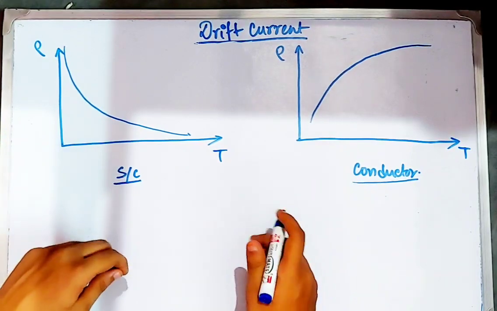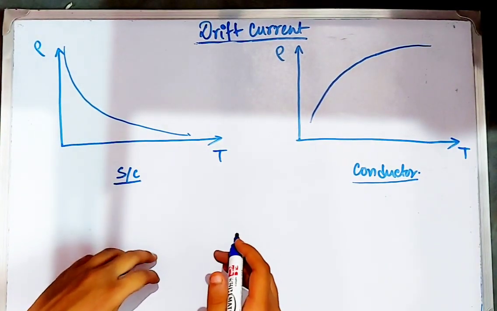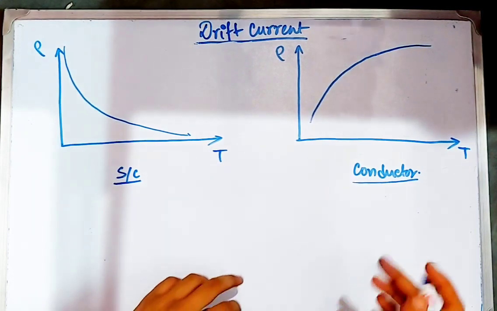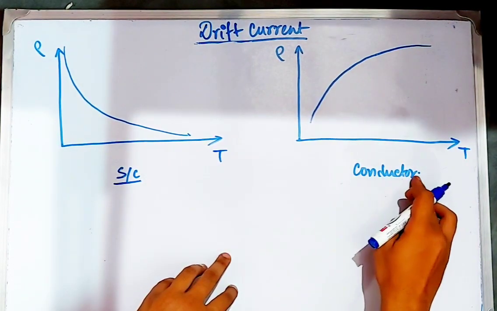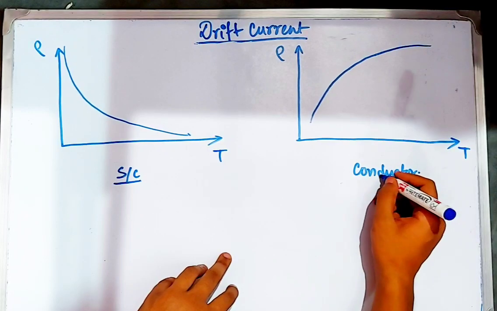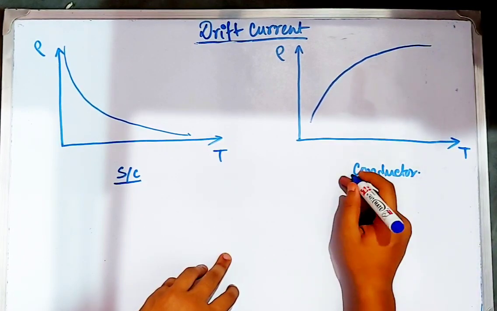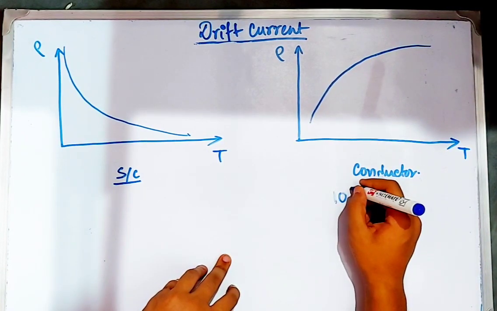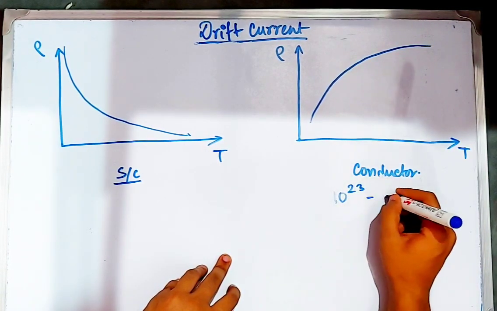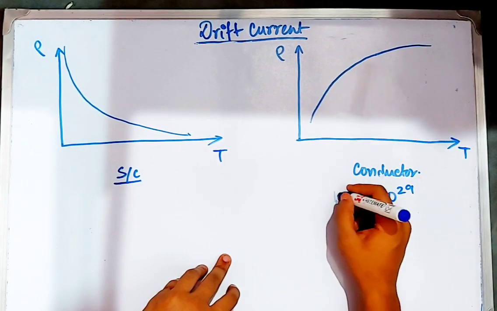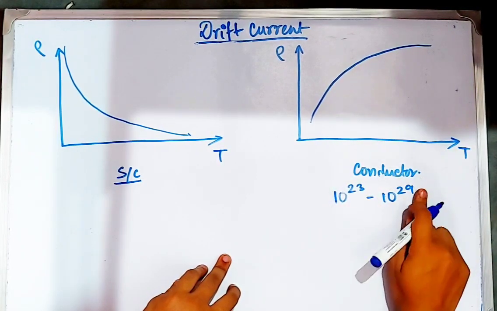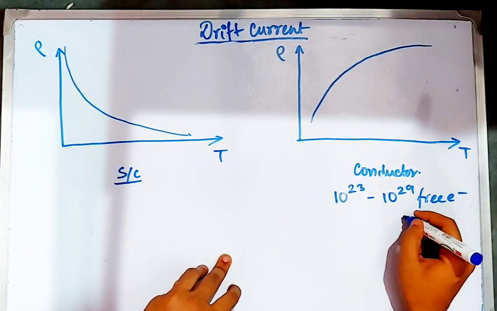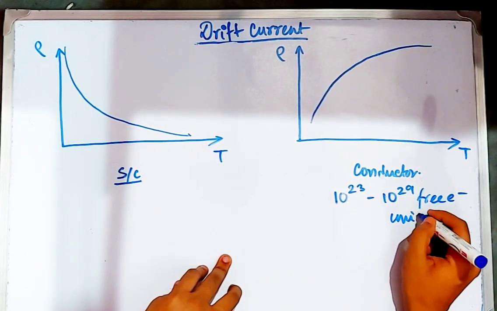So if I talk about the conductors first, what we know is that conductors have 10 to the power 23 to 10 to the power 29 free electrons within a unit volume.